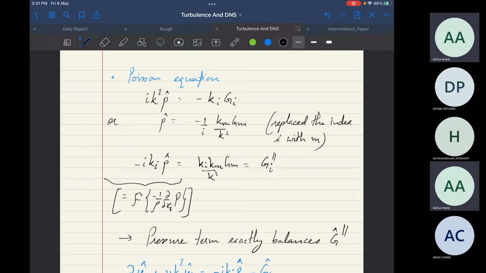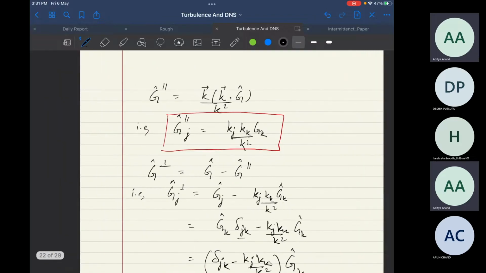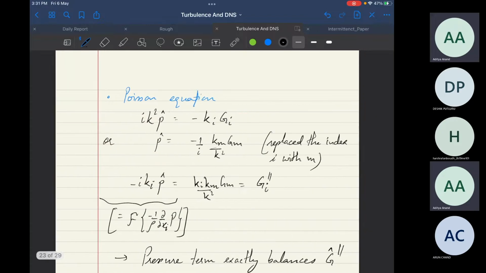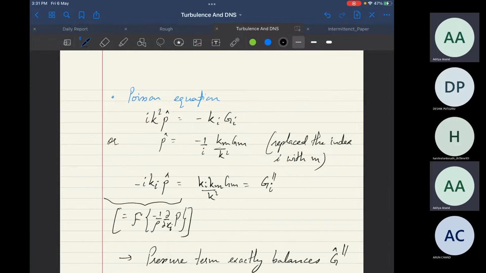Now, if you remember the expression for the parallel part, kj kk gk by k square, this is the jth component of the parallel part. So this is a similar expression, and this is basically equal to the ith component of the parallel part of the g vector.